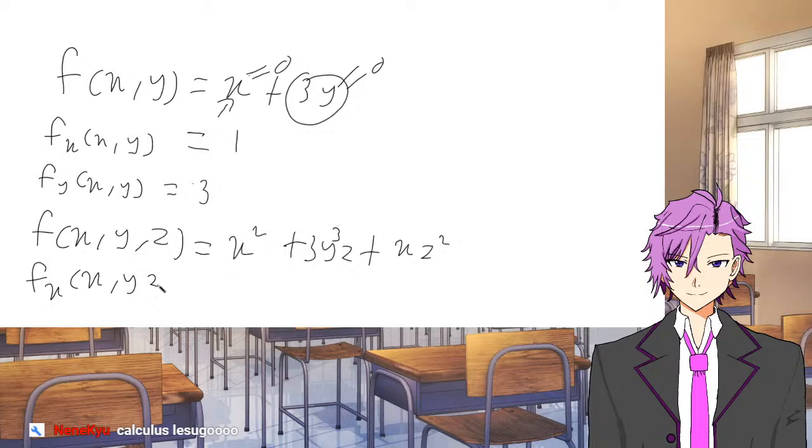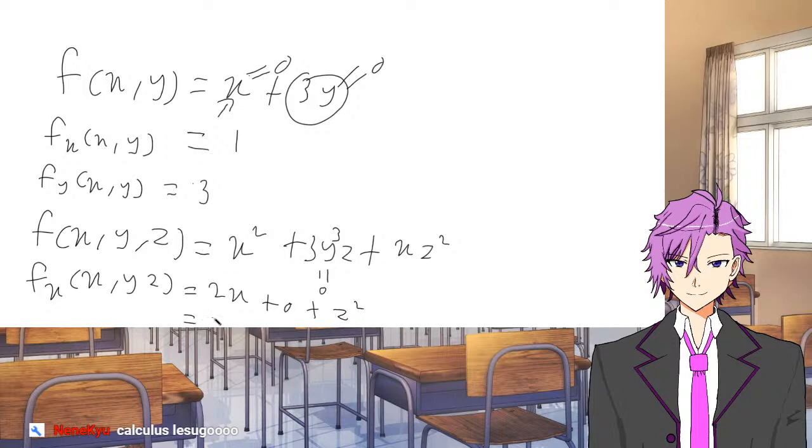So f_x(x, y, z), differentiate only the x, you'll get 2x. There's no x in the second term, so that will be 0, plus, differentiating the x in the third term, you'll get z squared.